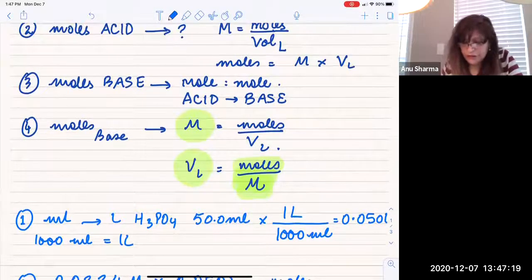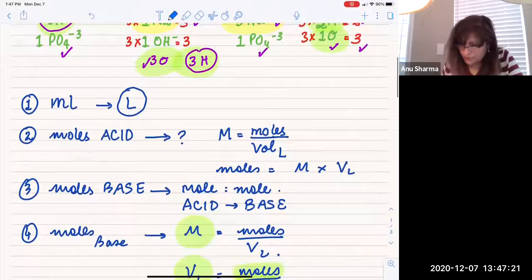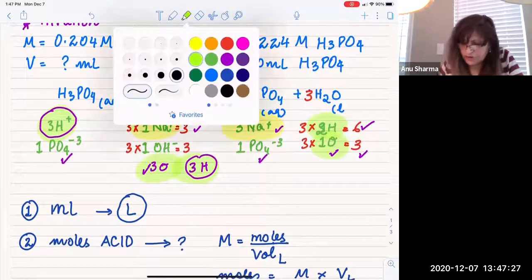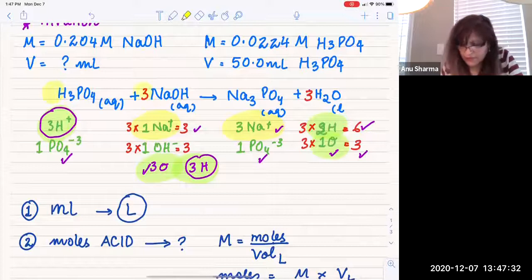Next, third step. Once you get the moles of the acid, you find the moles of the base. Now you're going to look at the relationship here. The relationship is that the acid is only 1 mole, the base is 3 moles. So a 1 to 3 relationship.